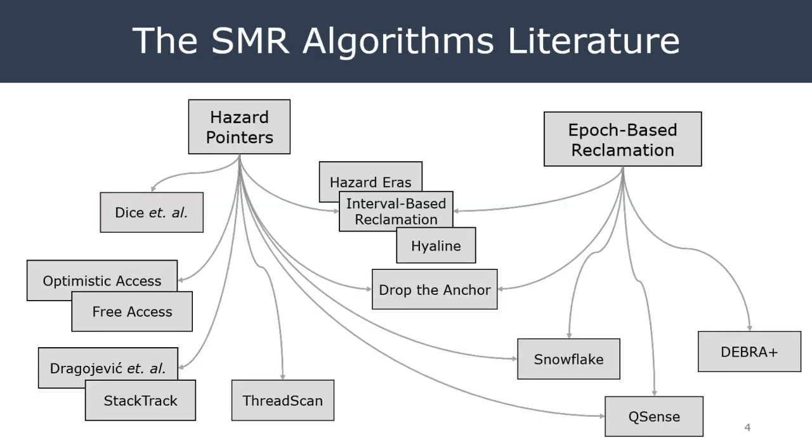Okay, so there are a bunch of algorithms that have been proposed so far, and this problem has been known for multiple decades, and the formal papers about SMR algorithms have appeared since the early 1990s, so it has already been 30 years or more in the academic literature, and in the industrial literature it dates back to much earlier.